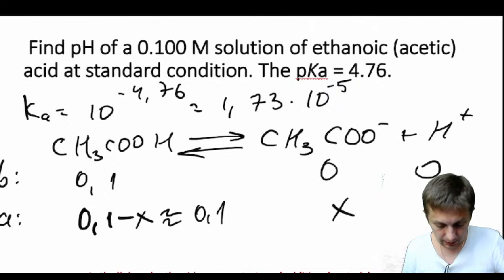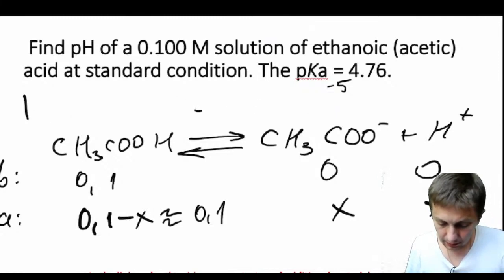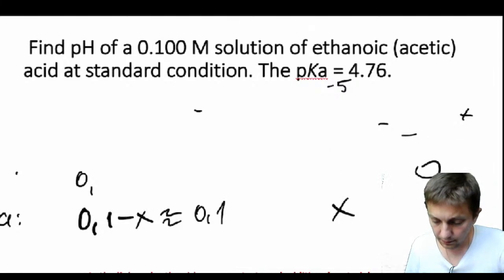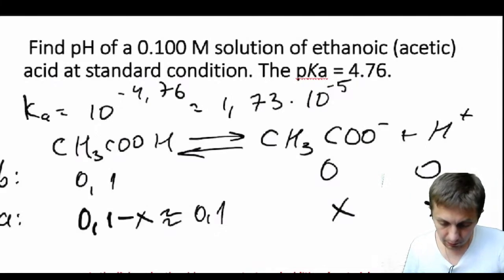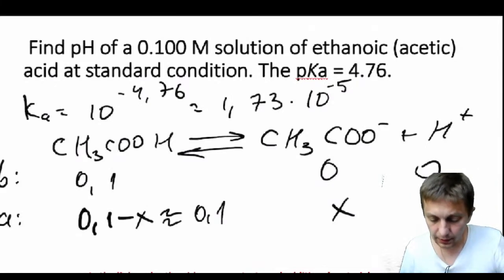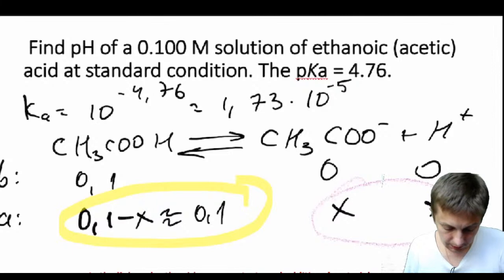So we can oversimplify, and to continue solving this problem, we can create the equilibrium constant. The equilibrium constant is products divided by reagent.